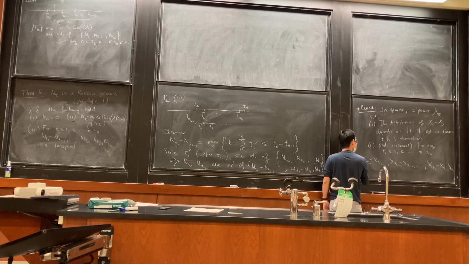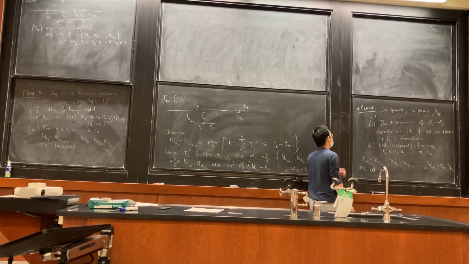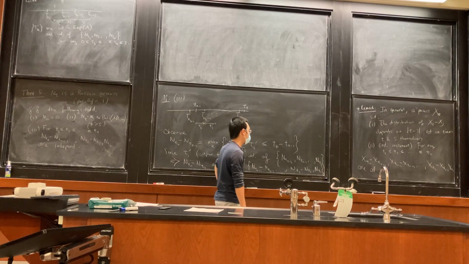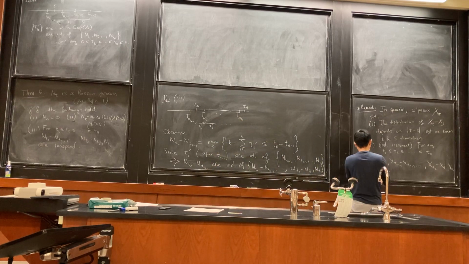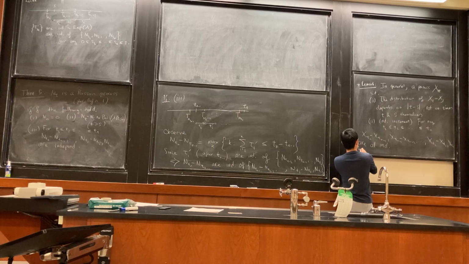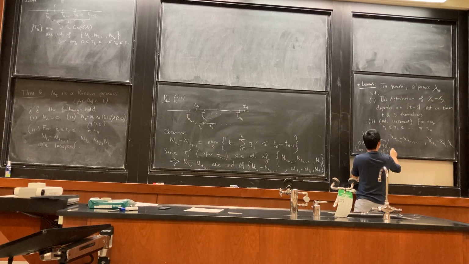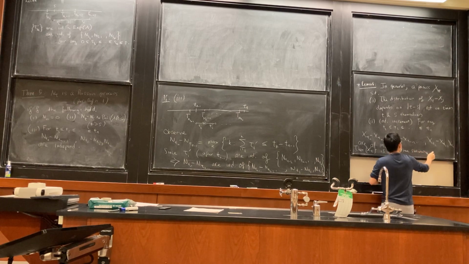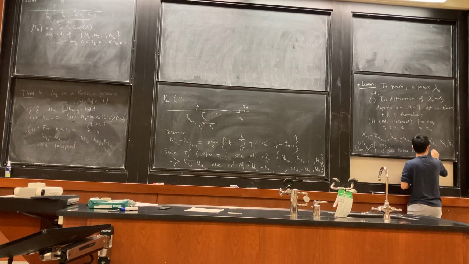If they are all independent, right, then the process X(t) is said to have stationary independent increment.